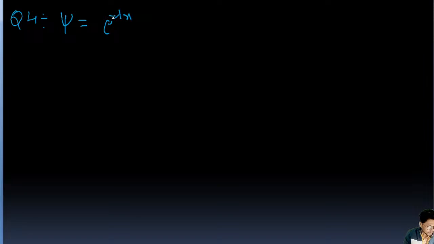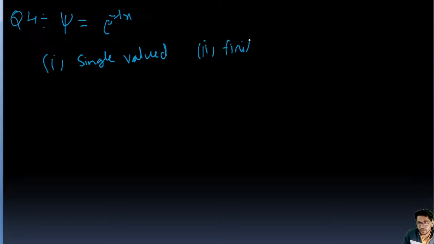We have to check. First condition is satisfied. It is single valued. For any value of x, it is going to give a single value. Second condition, yes, it is finite. For any value of x, it is going to give a finite value.